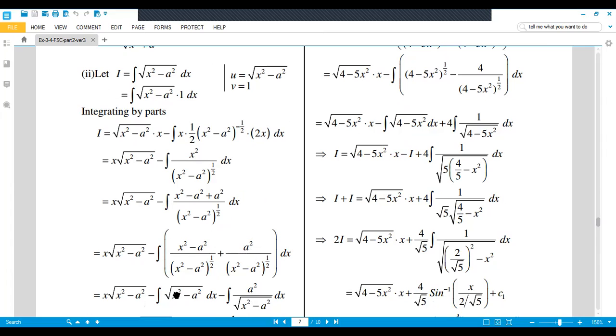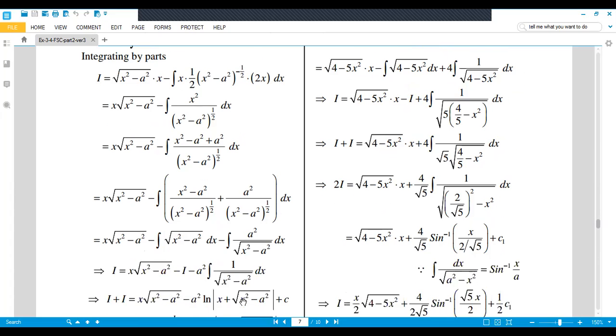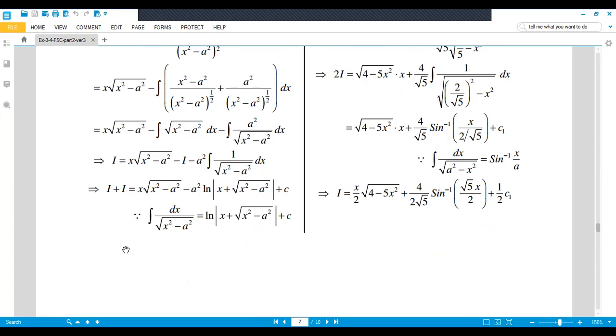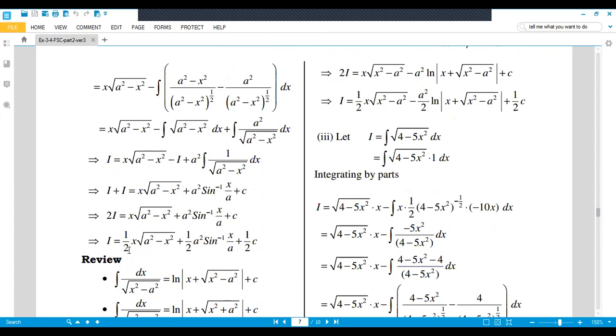Now this is equal to the original question, so we put minus I, and for this we take the integral, that is natural log of x plus under root x square minus a square, and this is 2I. I plus I is 2I, so we shift it to the other side and we get the required answer.